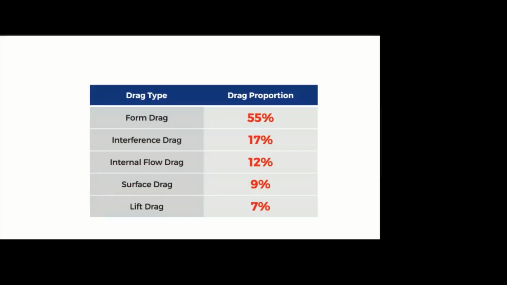So here, just some approximate information. If you take a complete aircraft, most of the drag is due to pressure, because you know the shape, and there is a lot of interaction and so on.